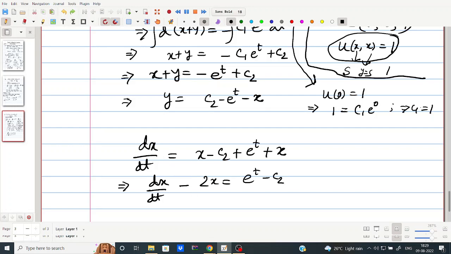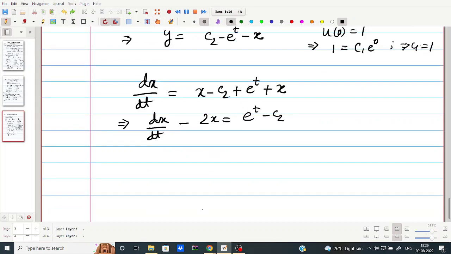Sharmila or Ravi? Yes, sir. Got it, sir. Okay, fine. So you know how to solve this differential equation. This is of the form dy/dx plus p(x) times y equal to q(x). You know how to solve this equation. Ravi and Sharmila, anyone respond?